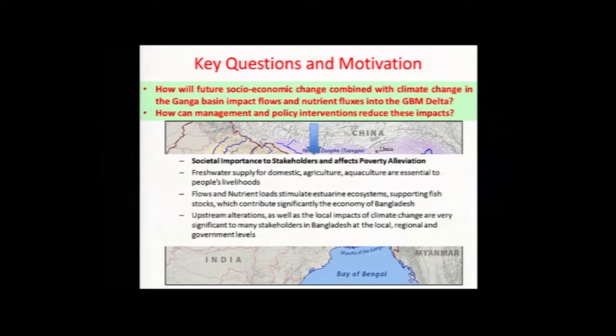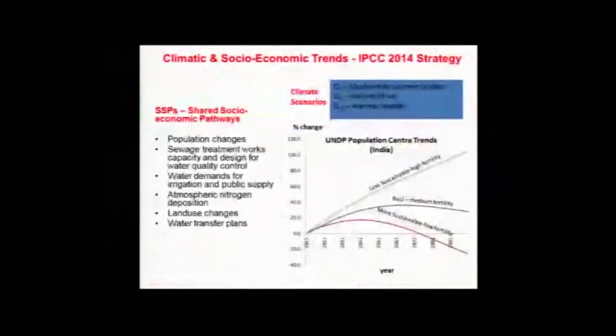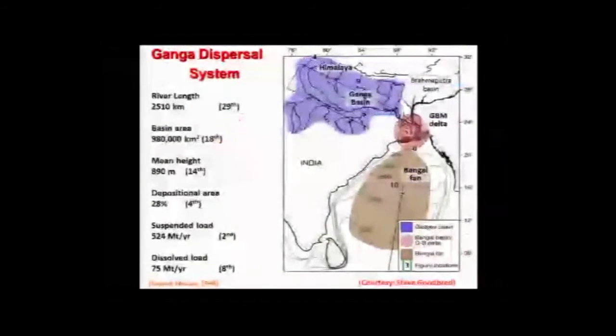Just to clarify a point, modeling a system like Ganga is not easy. It's the sheer dimension of the system we are talking about, 980,000 square kilometers, 2,510 kilometers of length, and a huge suspended load, and of course the agricultural plains.